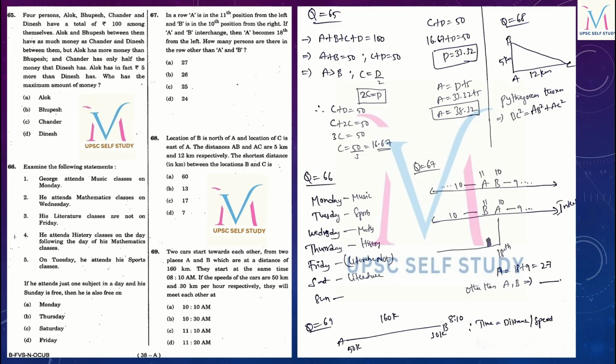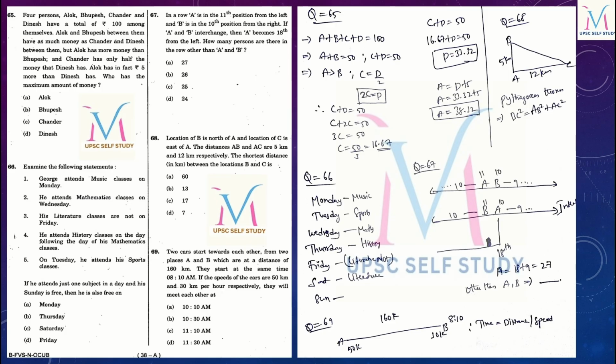Now coming to the 69th question. Two cars start towards each other from two places, A and B, which are at a distance of 160 kilometers.